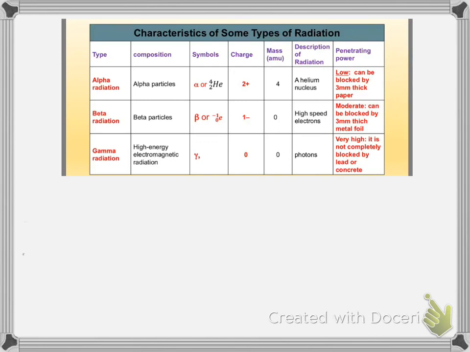Let's begin with alpha. Alpha radiation has a symbol like this. You see here where it says symbol? Here, this is alpha. Or sometimes we do it like this, He42. All right, this is the symbol for alpha radiation.